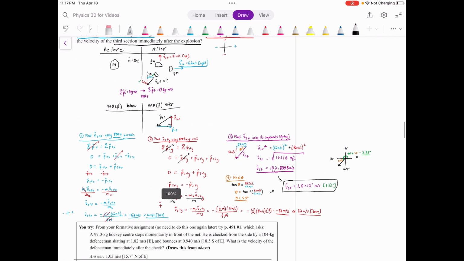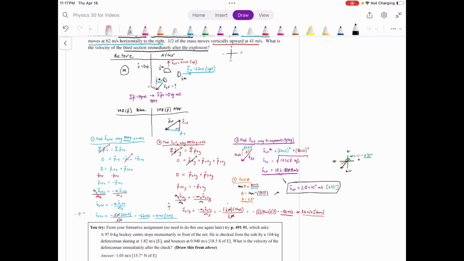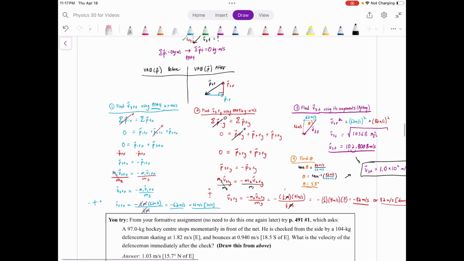So again, I know these can take some time, right? Because you've got to do the calculations in each axis. Honestly, though, with practice, it starts to become pretty quick, right? You get used to the idea of, okay, total initial x equals total final x. Let me just solve for the unknown in the x-axis. Total initial y equals total final y. Let me solve for the unknown in the y-axis.